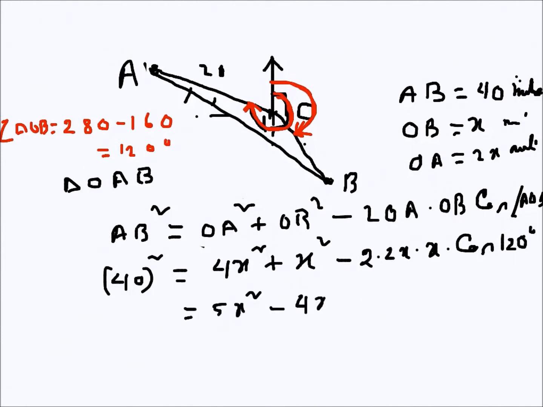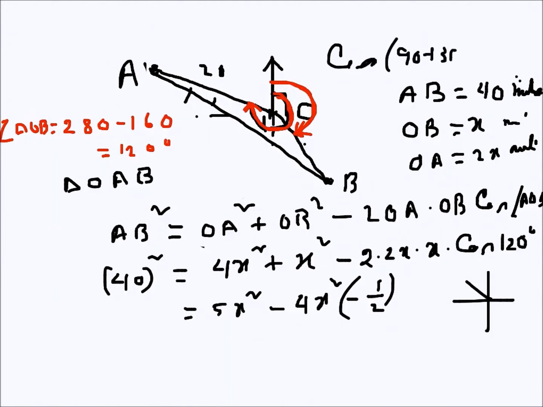So this is 5x square minus 4x square times cos 120 degrees, which is negative half, because cos is negative in the second quadrant. We can actually use a calculator, but I can show this logically: 90 plus 30 gives negative sine 30, which is negative half.